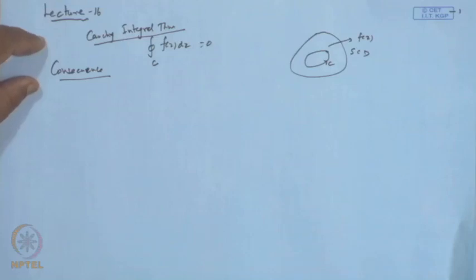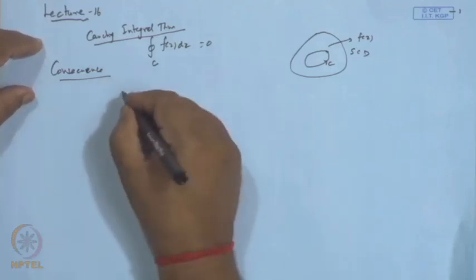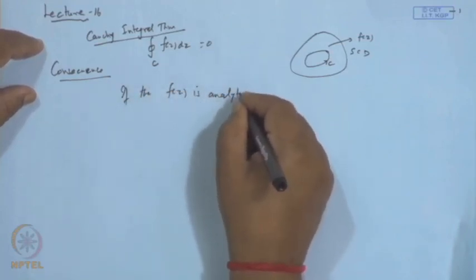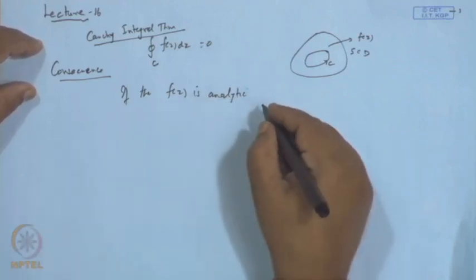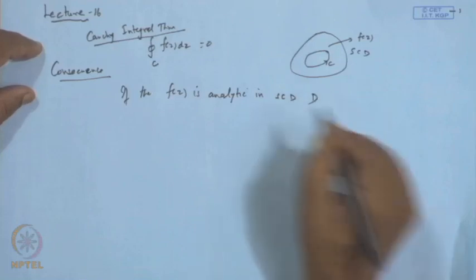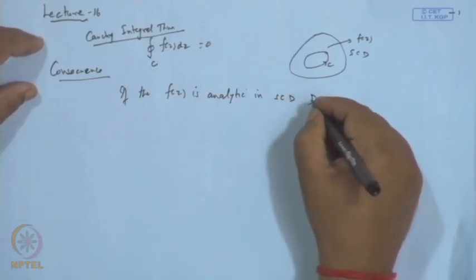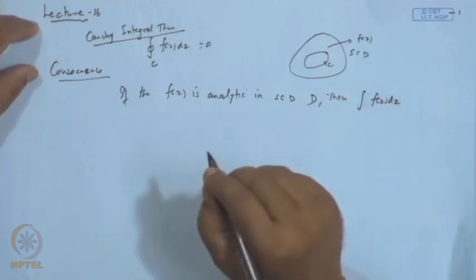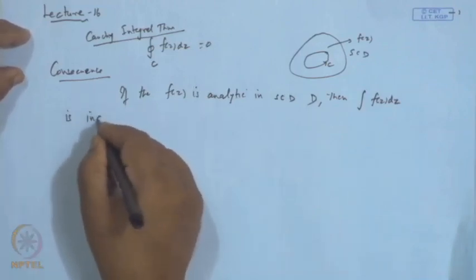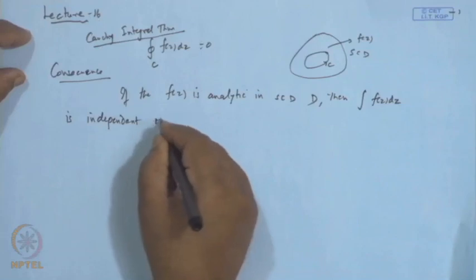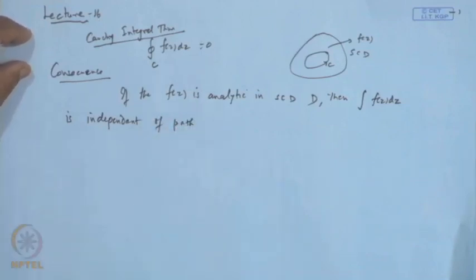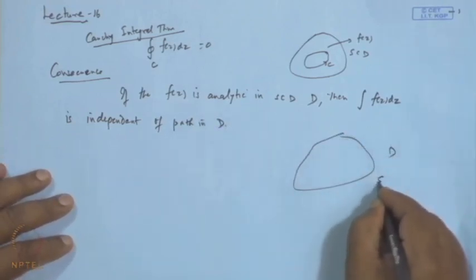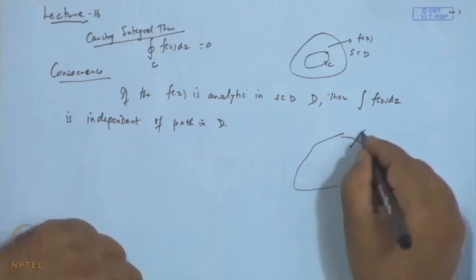If the function f(z) is analytic in a simply connected domain D, then the integral of f(z) dz is independent of path in D.